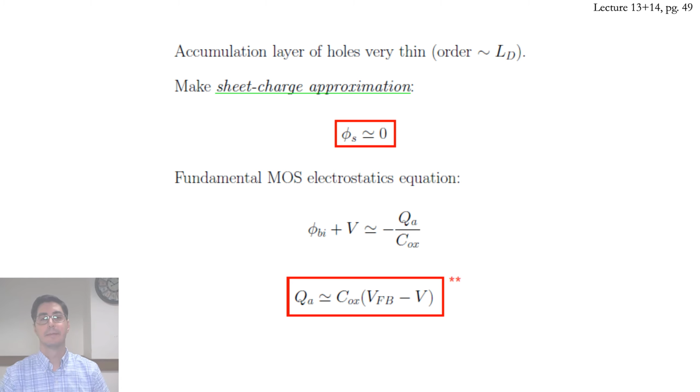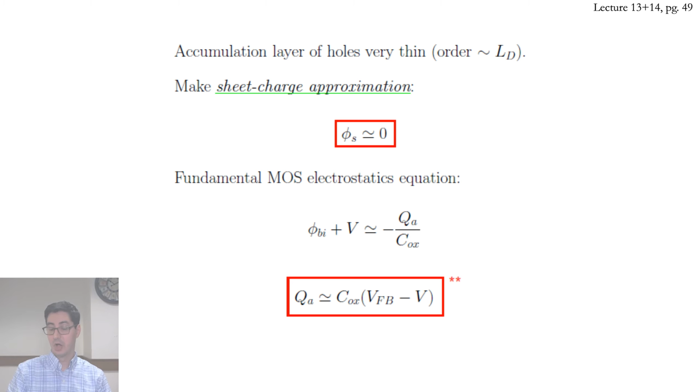We make a sheet charge approximation that the accumulation layer of holes is very thin, on the order of the Debye length. And if we have a sheet of charge, we have very little potential drop in the semiconductor.